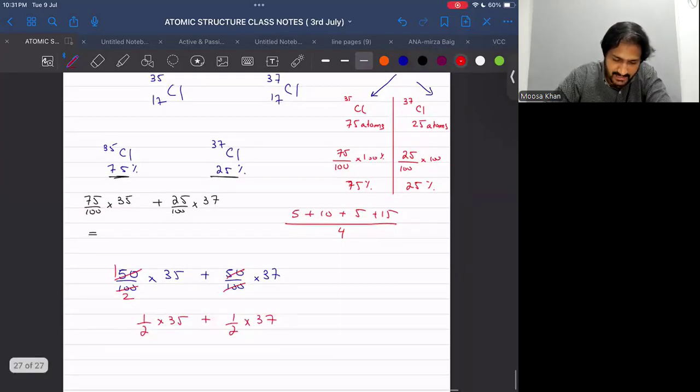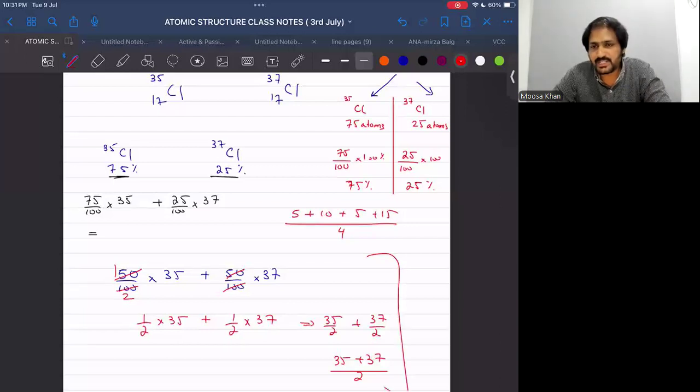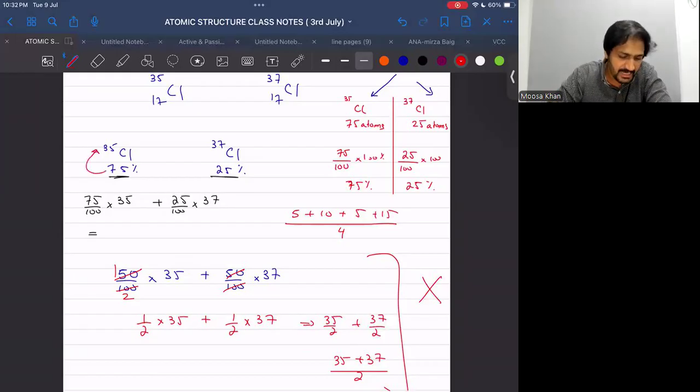If you take the LCM of it, like it's 35/2 and 37/2, the LCM would be 2. तो एवरेज फिर इस तरह से आ रहा होता, बट क्या ये 50-50% है? नहीं. We have to use the actual percentages, which is 75 and 25. 75% of 35 and 25% of 37, and this would give you 35.5.